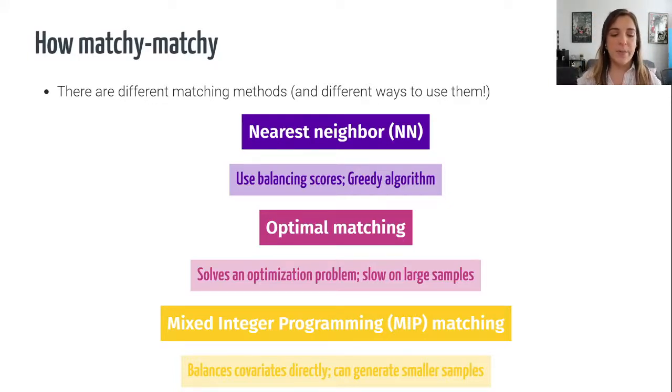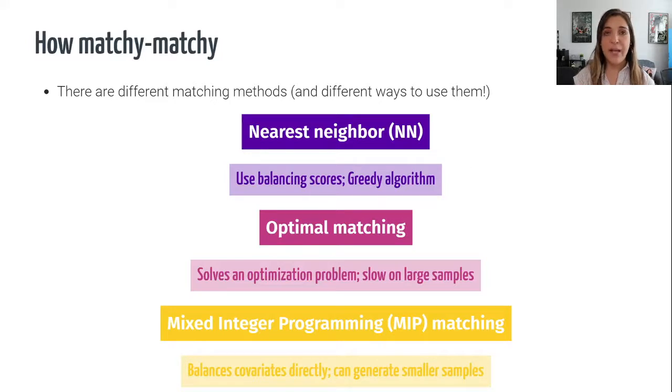And basically what mixed integer programming matching does, it solves an allocation problem, but a lot of the times it does it way faster. Mixed integer programming matching does not need a balancing score, so you can balance covariates directly, which will be a huge benefit. We'll see that balancing scores, very similarly to RCTs, generate balance on expectation, but don't assure any sort of balance with your sample at hand.